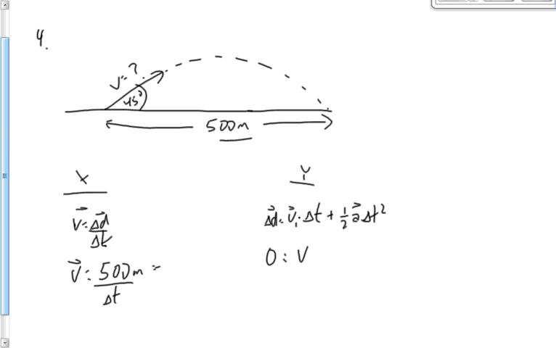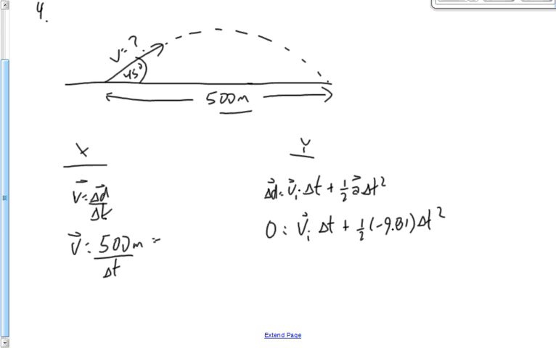vi, don't know what that is. Delta t, don't know what that is. A is neg 9.81. Delta t squared. Oh boy. This doesn't look pretty. Here's what we can do, though.